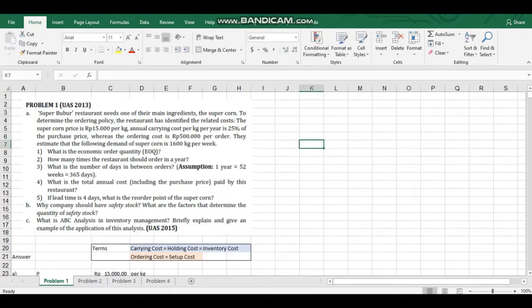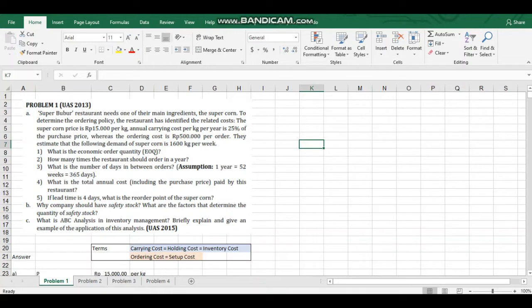Point A. Here we have Super Boober as a restaurant, and they need one of their main ingredients, the super corn. To determine the ordering policy, the restaurant has identified the related costs.